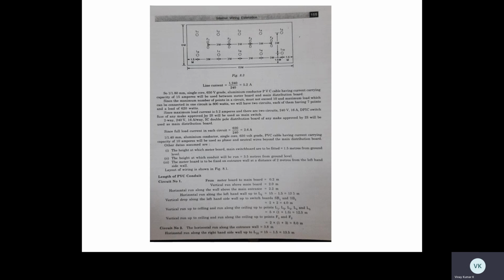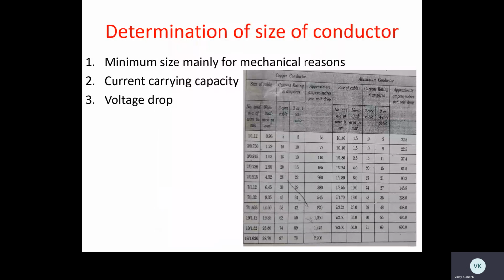Line current is calculated by connected load divided by supply volts, that is 5.2 amps. So for 5.2 amps, I am going to consider this cable, 1.18.